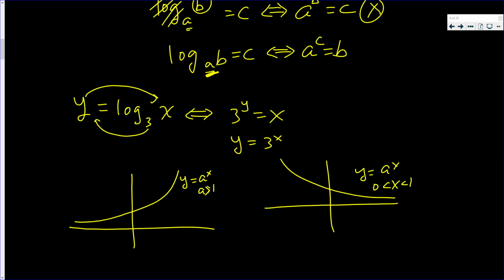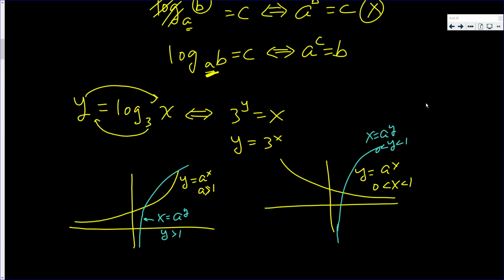Well, if I switch x and y, the graph would look like that. That is the graph x equals a to the y. Same thing over here. If I switched x and y, I would get this graph. This is x equals a to the y, and y this time is between 0 and 1.